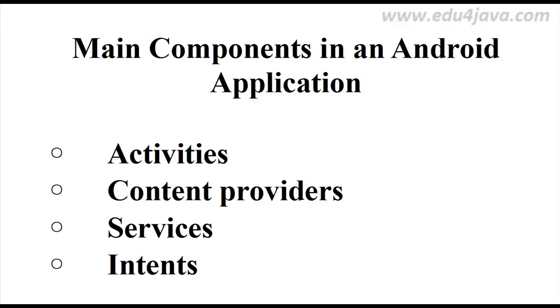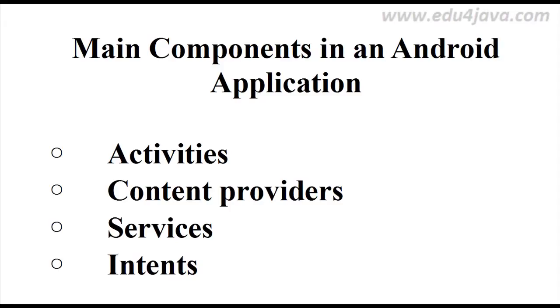Okay, I think this is enough about services. Let's talk about intents. Intents are the operating system messages. It is the way that the different components in Android communicate with each other. You can send an intent, for example, from one activity to another activity.